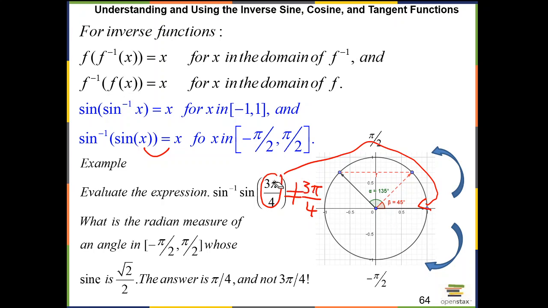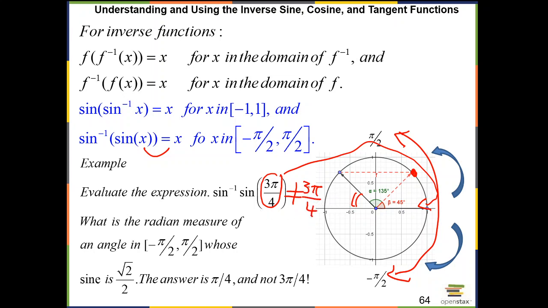For example, if this is pi over 4, the answer is pi over 4, but not here. What is the answer? It's the angle in this region that has the same sine as this angle, which is the reference angle. So the answer would be that angle right there, which is 45 degrees.